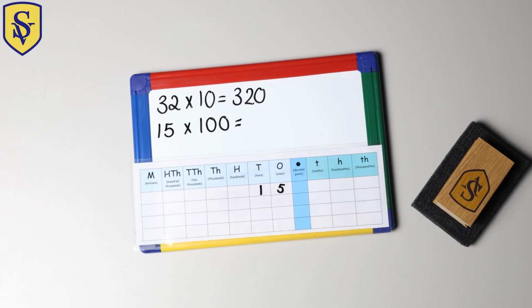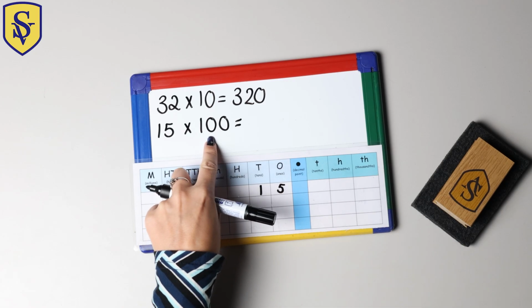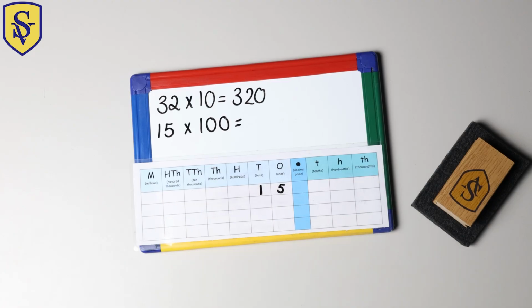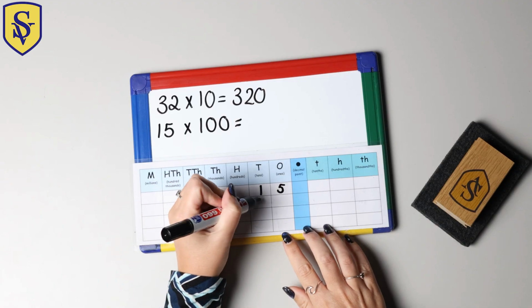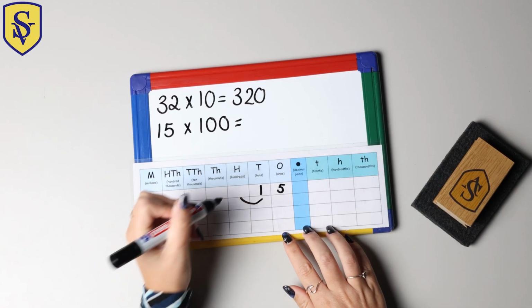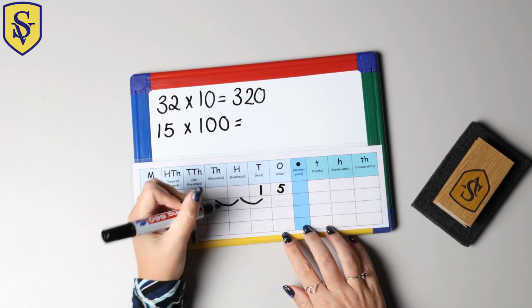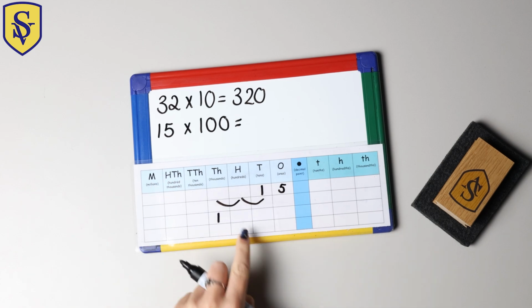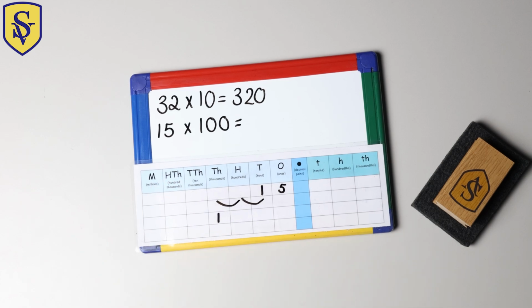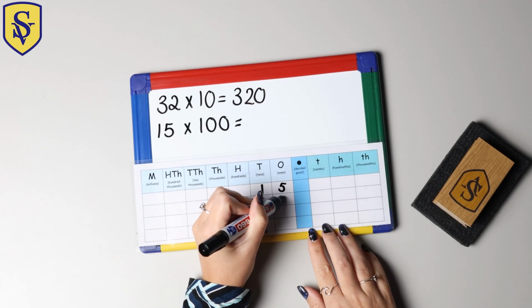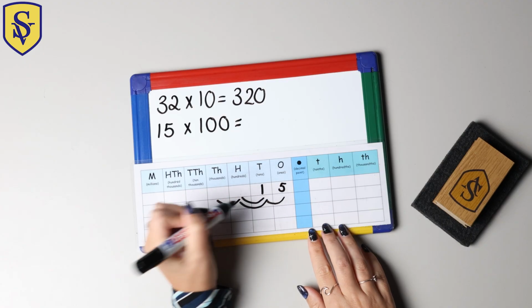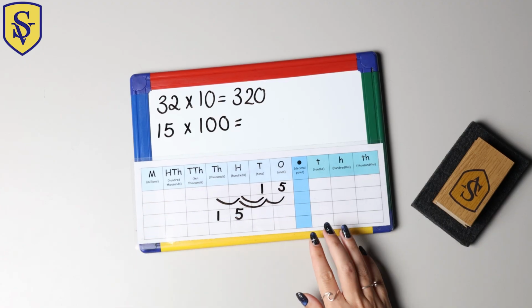So we have 15. Now, as we're multiplying, we go to the left. And to check the number of jumps we need to make, we check how many zeros are in the number 100. There are 2 zeros, so we make 2 jumps. I'm just going to write the answer underneath just so I have more space. We start with the 5 and make 2 jumps to the left, so 1 jump, 2 jumps, and put the 5 there.